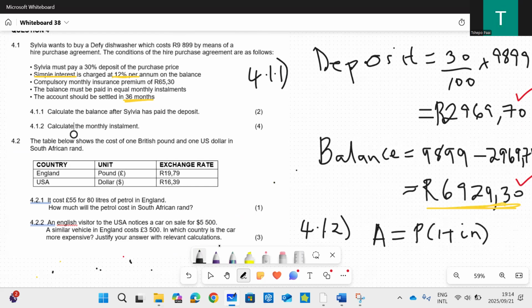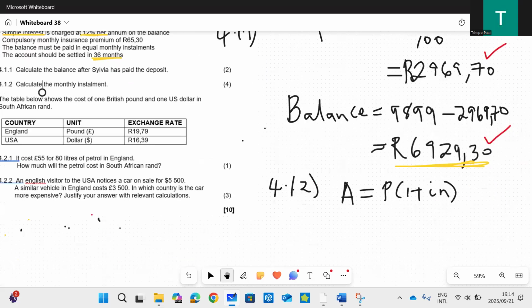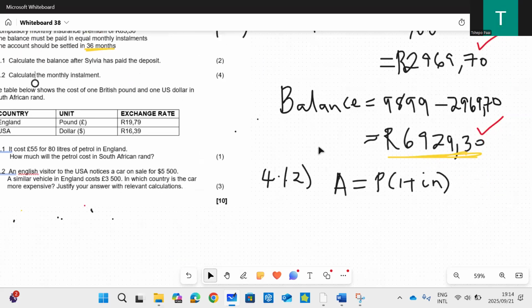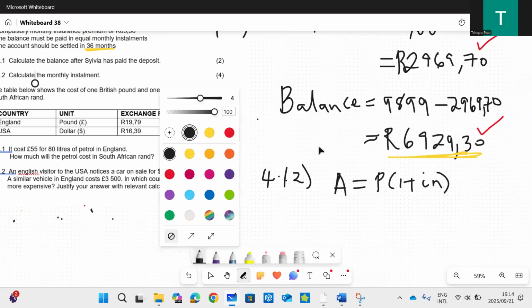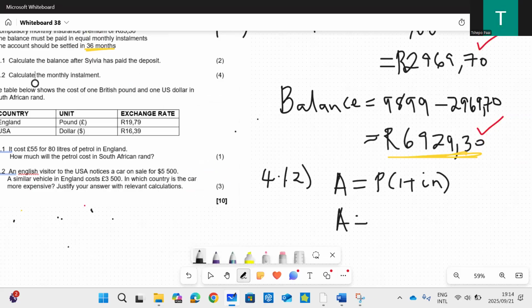Let us move up where we can write. So A equals, our P is 6,929.30, times (1 plus our interest rate, 12% divided by 100, which is 0.12, multiplied by 36 months, which is 3 years).